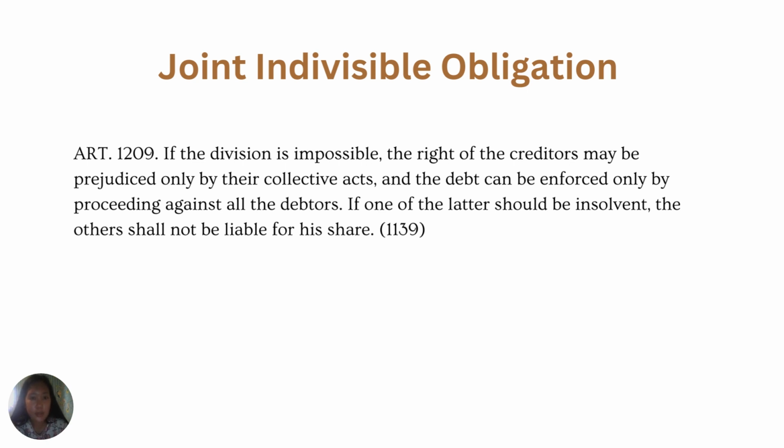It is indivisible because the object or subject matter is not physically divisible into different parts. In other words, it is joint as to liabilities of the debtors or rights of the creditors, but indivisible as to compliance. So this obligation constitutes the middle ground between a joint obligation and a solidary obligation.